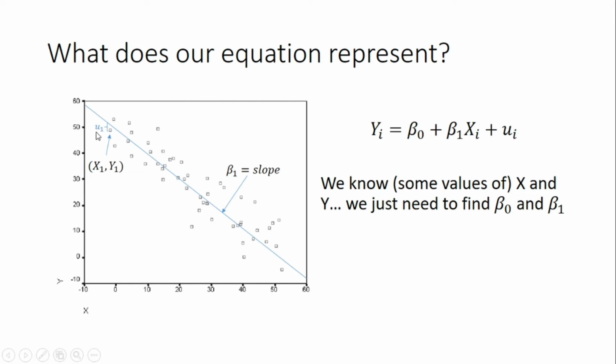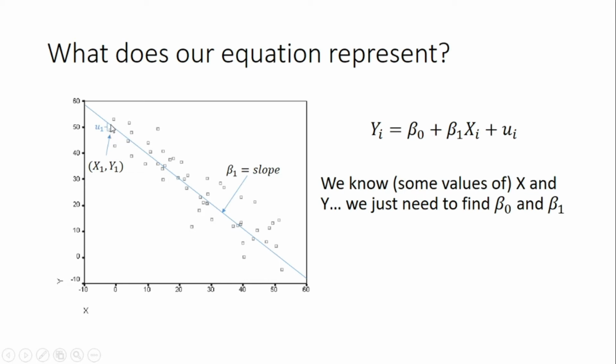Well, let's first interpret what u means, because perhaps that is the one you might be least familiar with. Here we can understand what u is. u is the difference between the fitted line, so here, and the actual value, which is here. So for u1, for this district here, you will have this size of the error. So u is the error.